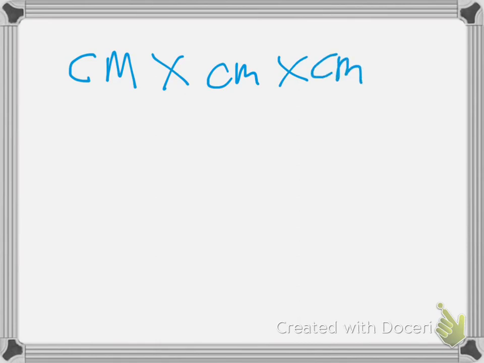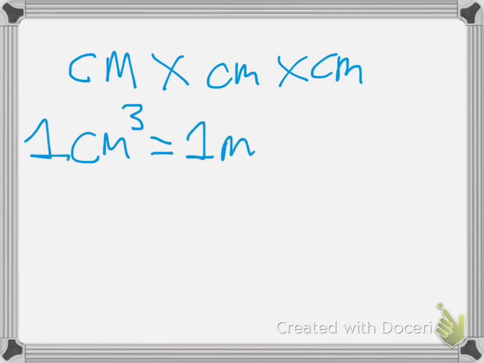You'll recall the prefix centi is a portion of a meter, so centimeter. When you take centimeters times centimeters times centimeters, you get centimeters cubed, and 1 centimeter cubed is equal to 1 milliliter.